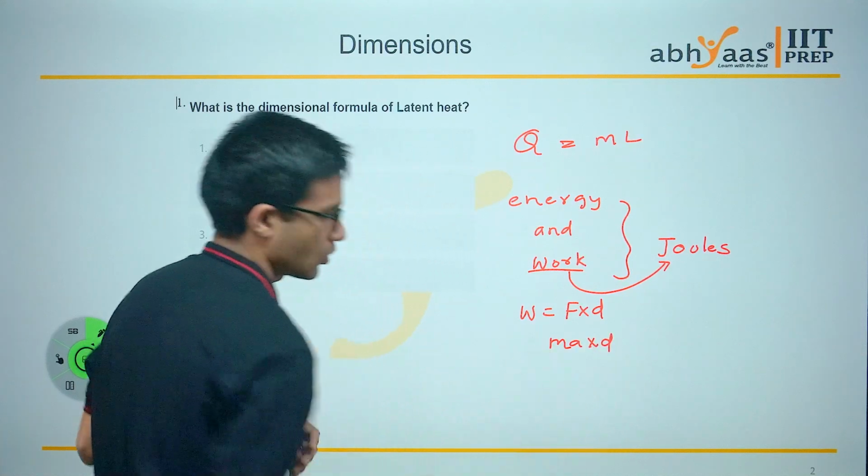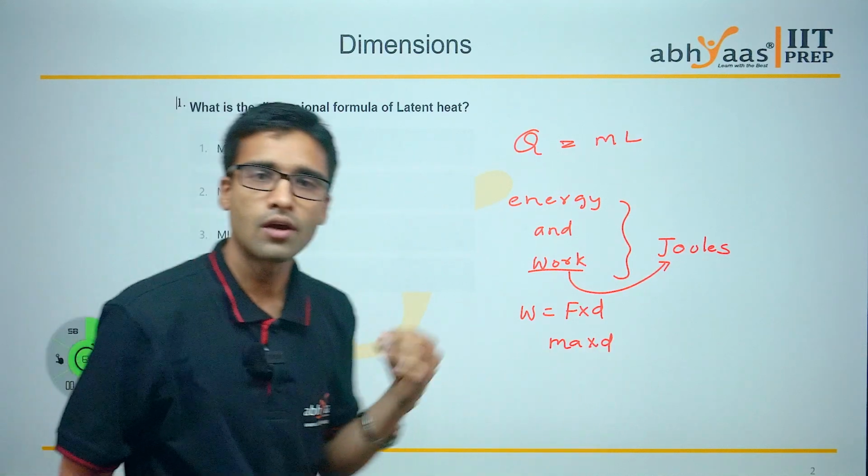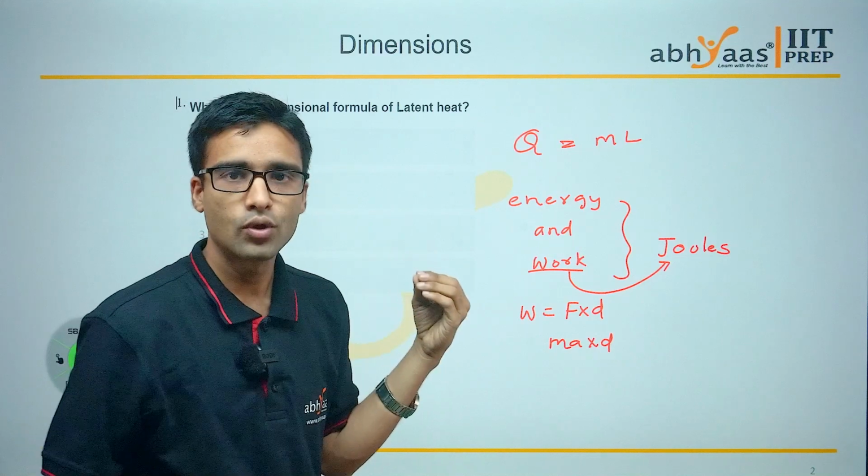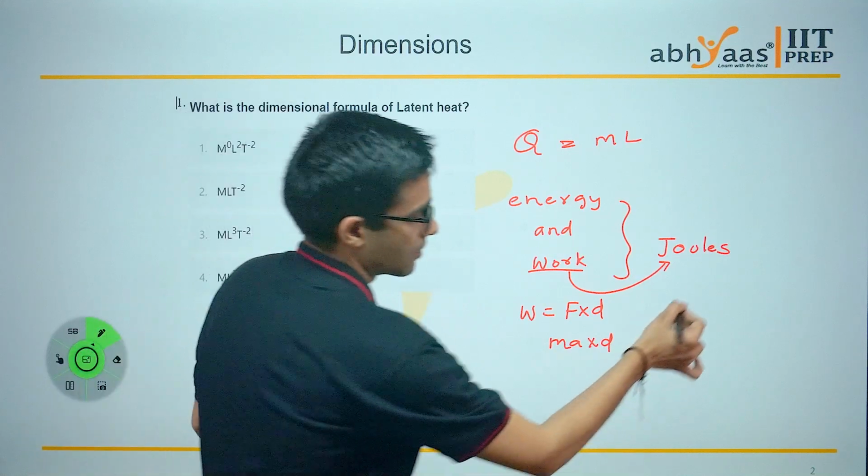In the dimensional formula we have 7 fundamental units. I am just recapping.